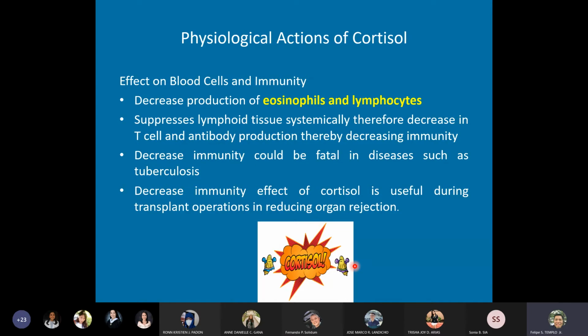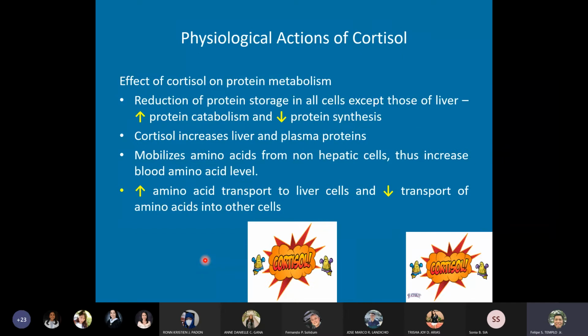The importance of this, to balance it out, is that it is useful in organ transplant. By slowing down the stimulation of your immune system cells, you can help the patient reduce organ rejection, and that is one of the helpful parts of your cortisol.